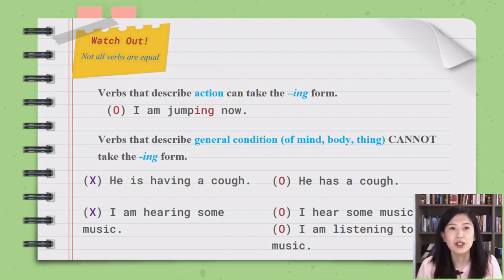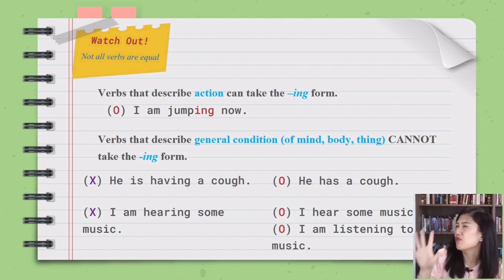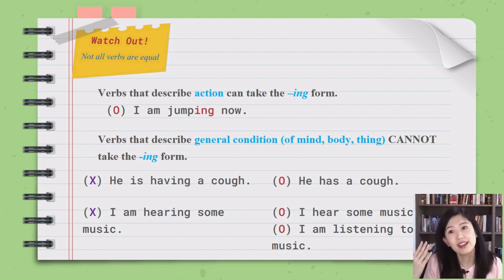But when we are talking about verbs that describe a general condition, the general way that our mind, our body, or a thing is in, these words cannot take the ing form. For example, your health is your body's condition. We don't say, he is having a cough.